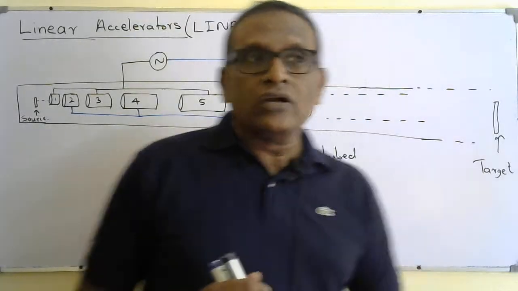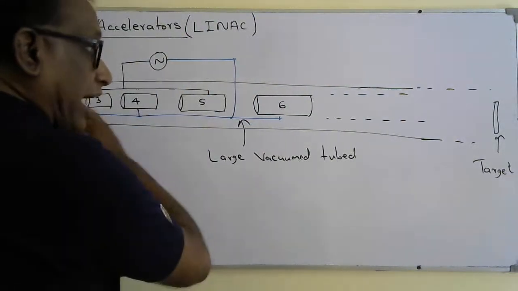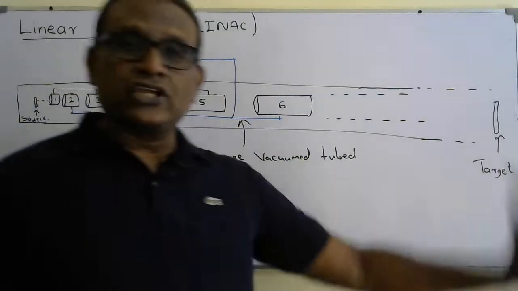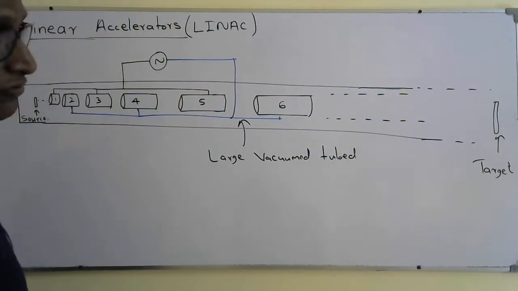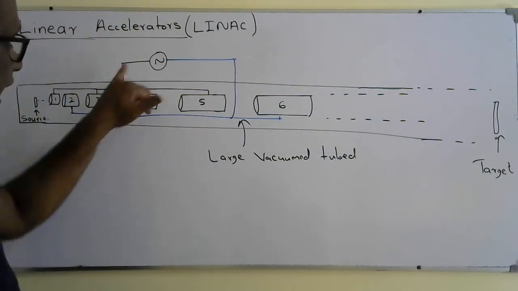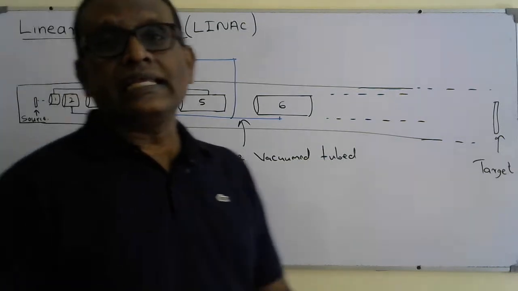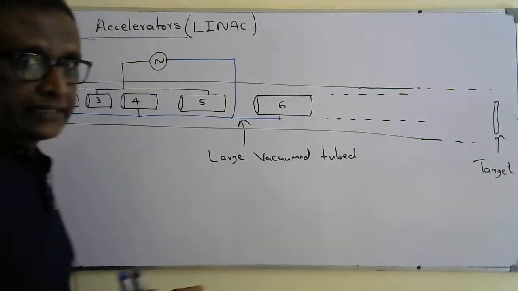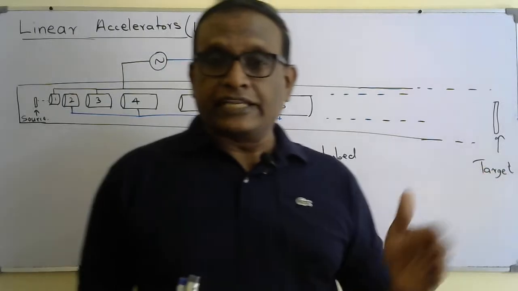Actually, all these drift tubes are kept inside a much larger vacuum tube. The particle will be released in front of the first drift tube. So what happens here? The high frequency AC signal provides an electric field only in the gap between the drift tubes. When a charged particle crosses the gap, it will experience an electrostatic force.